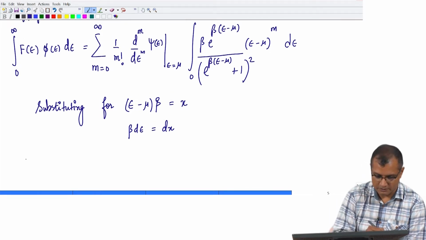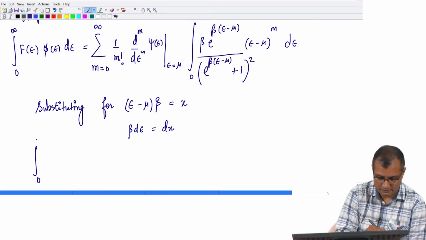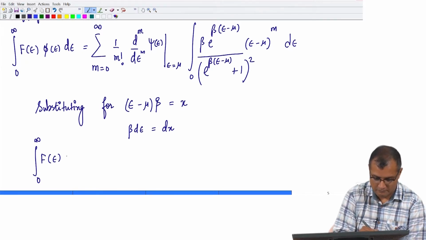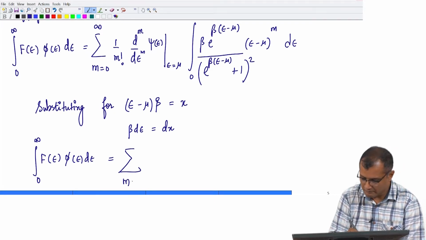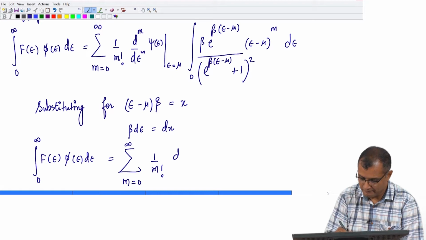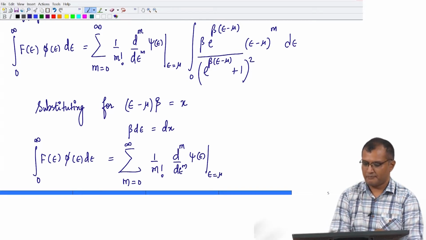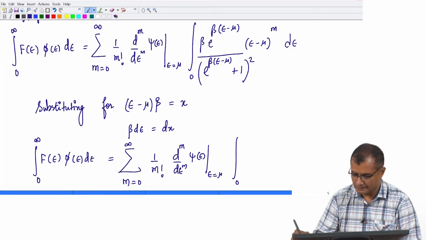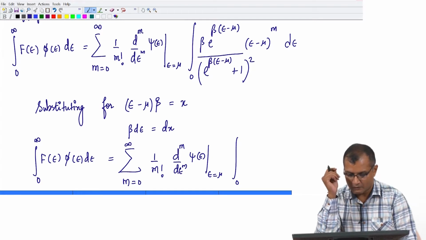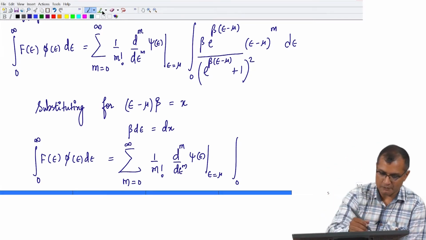So, I can write down this integral. The lower limit, when epsilon goes to 0, becomes minus mu beta.